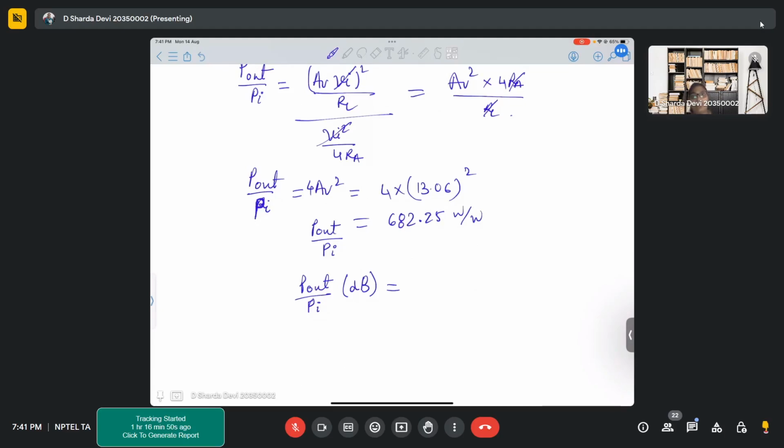Anybody else? But maybe you might not have considered the 0.6. Did you consider that as well? Okay. So you can simply put it in the calculator and we'll get it.